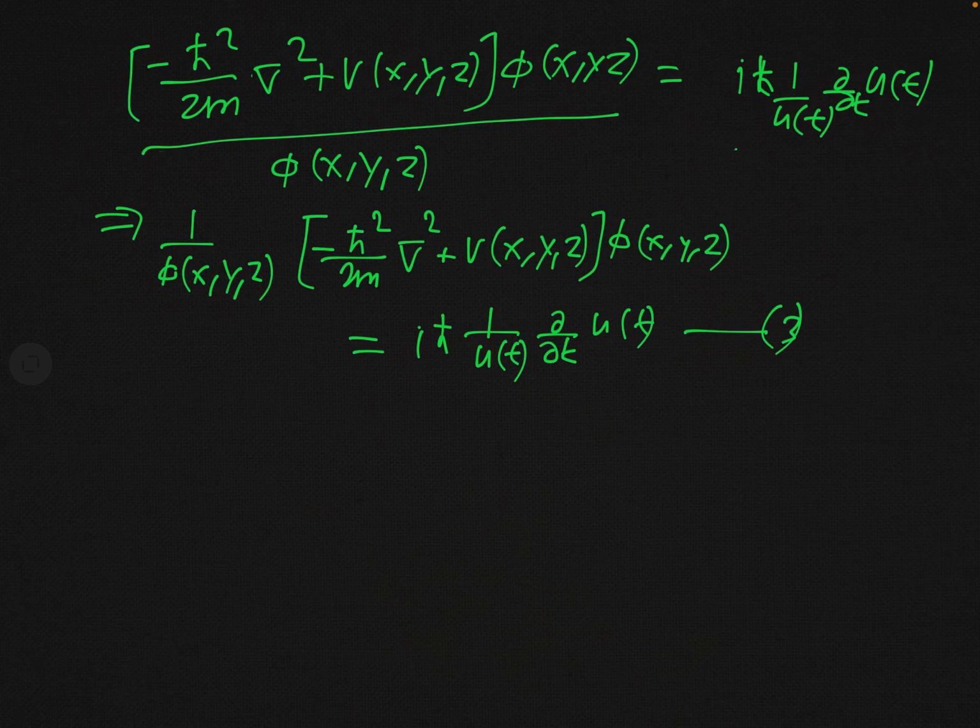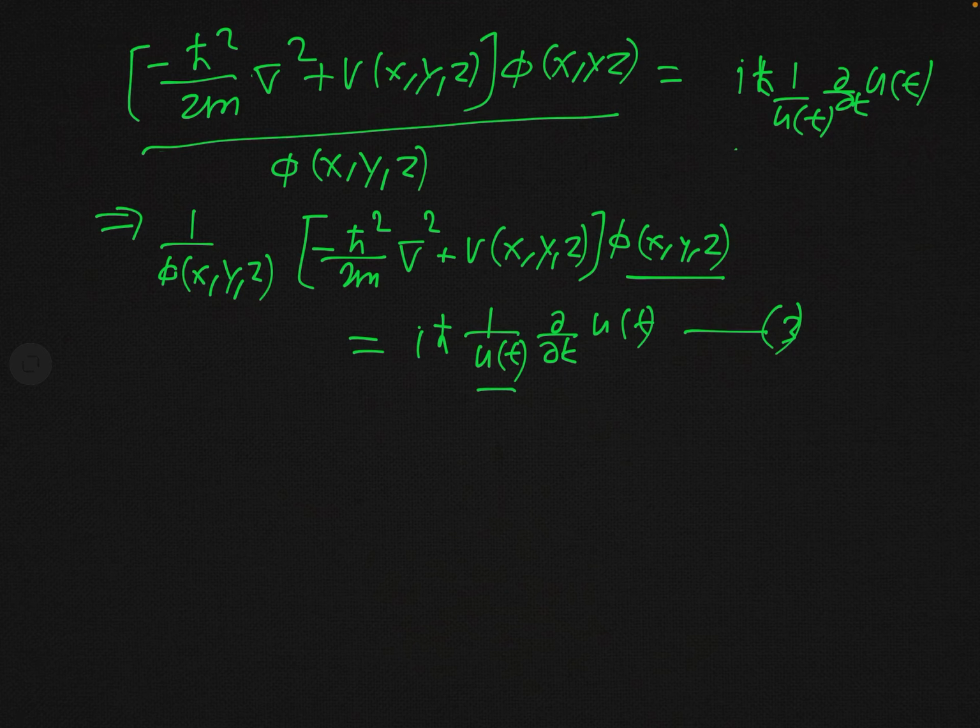As you can see that in this equation the LHS is only a function of x, y, and z. It means it is independent of time t, while you can see that the RHS is only a function of time t, and so it is independent of the space coordinates x, y, and z.